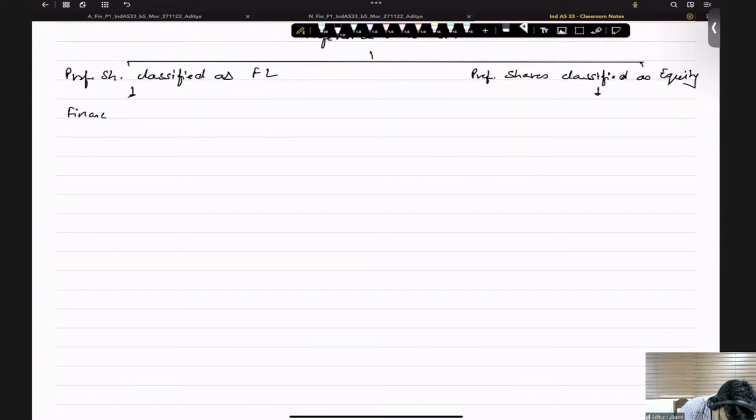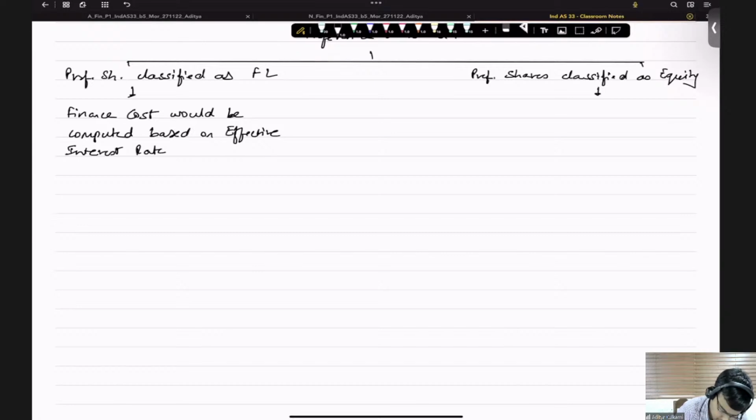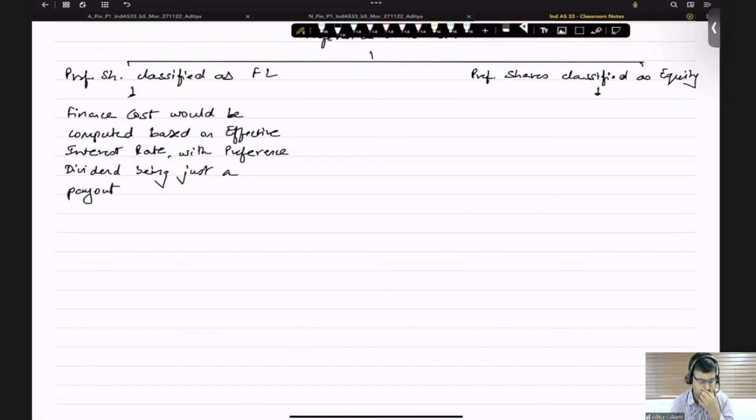In this case, finance cost would be computed based on effective interest rate, with preference dividend being just a payout.